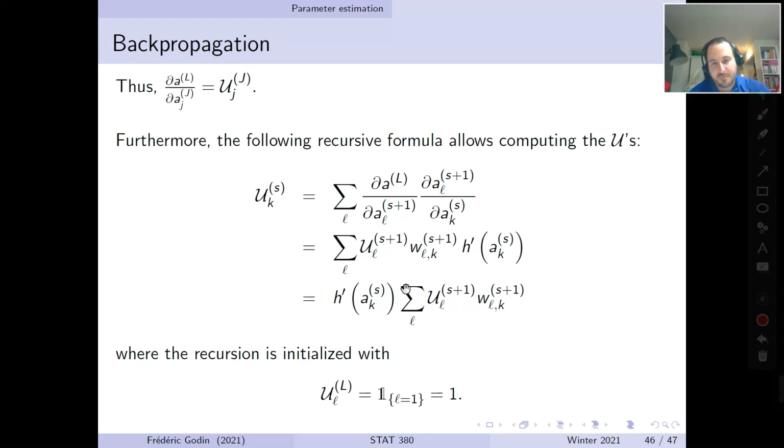Okay, so we can initiate the recursion with the following quantity. u_l^L, where l is equal to 1. So what's u_l^L?